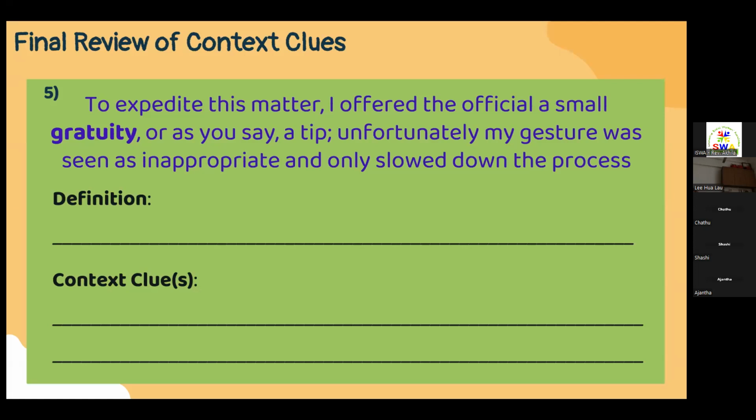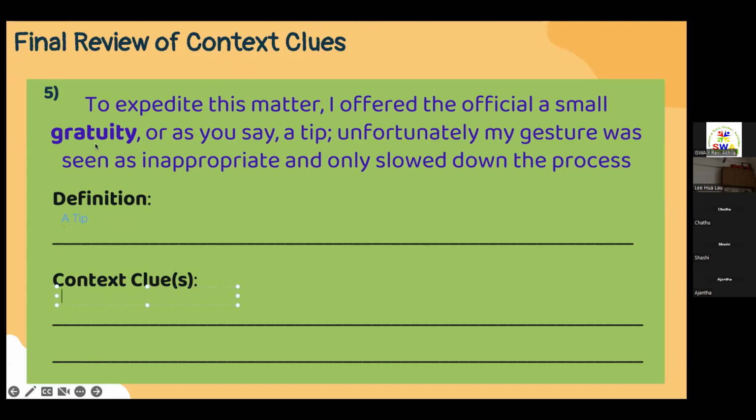So you can infer from here, or as you say, a tip. So the definition of gratuity means a tip. And how do you know what gratuity means?